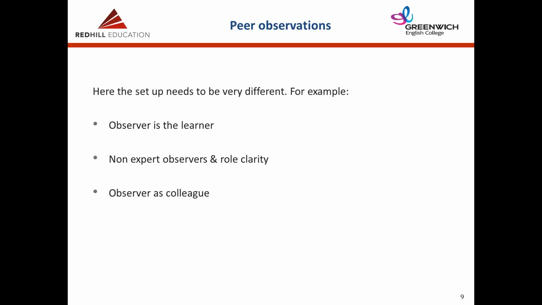They're meant to be equals, and putting one suddenly in the role of assessor can create some really uncomfortable situations for them once they go back to being colleagues. As I said, the observee, the teacher, is the demonstrator in this case. And really what we're looking at is learning and motivational outcomes. We want the observers to see some new techniques, we want them to see some interesting ways of doing things, and come out of it motivated to try those techniques and see how they go with them.